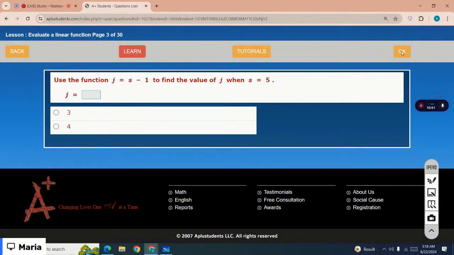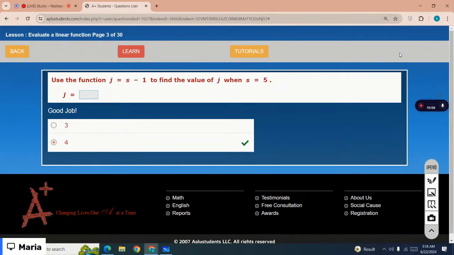The correct option is yes, j equals 4. Option number 2 is the correct option.